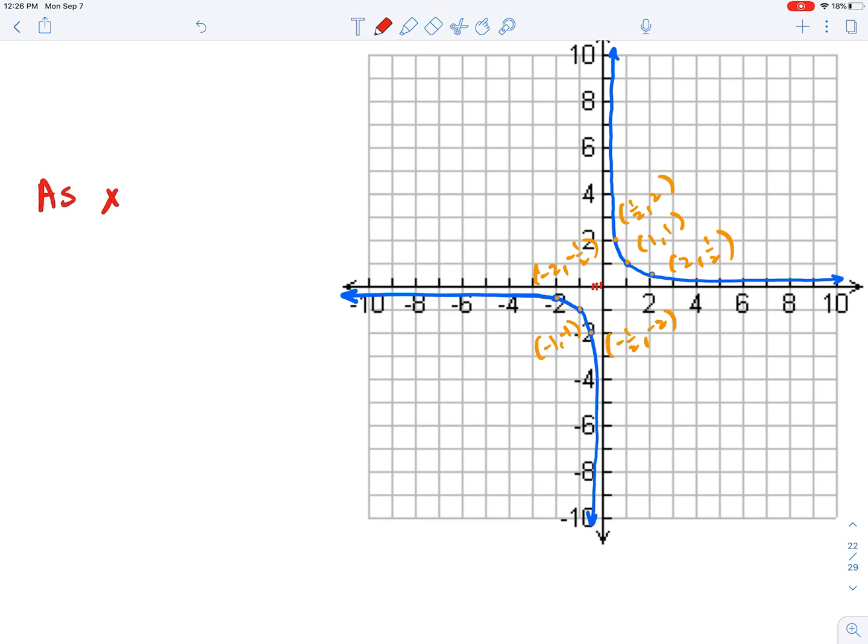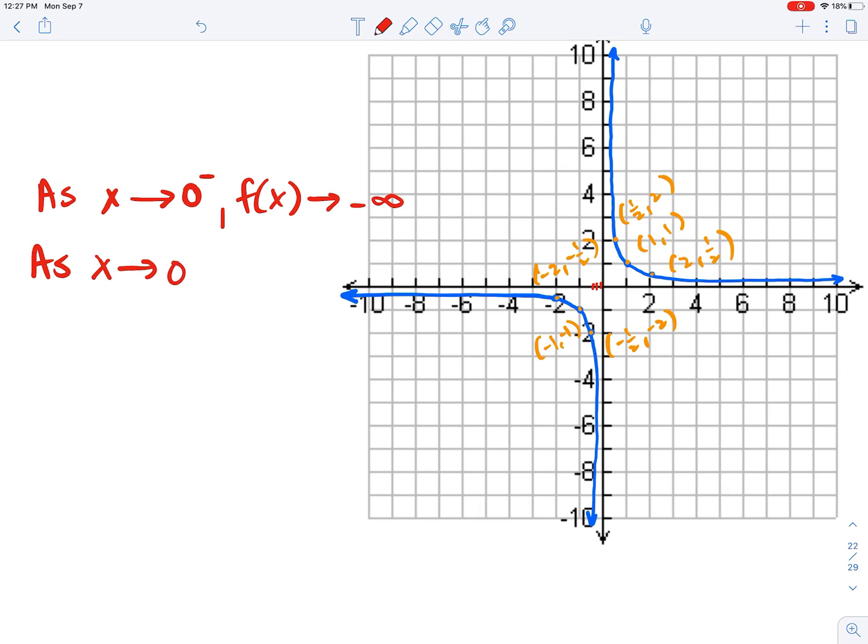So we can say, as x approaches 0, and we'll talk about this notation again in chapter 2, as x approaches 0 from the left, and to indicate from the left I put a negative symbol where an exponent would be, f of x approaches negative infinity.